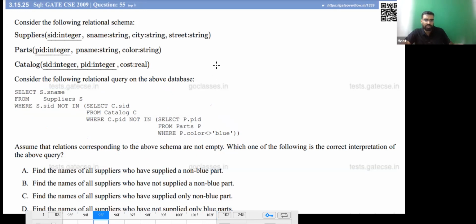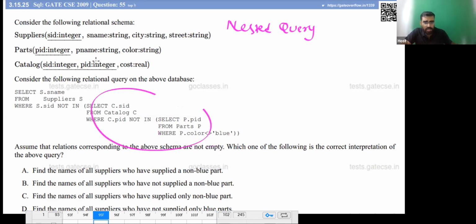This is simple, very simple. So I can say this is a nested query with a very simple subquery.